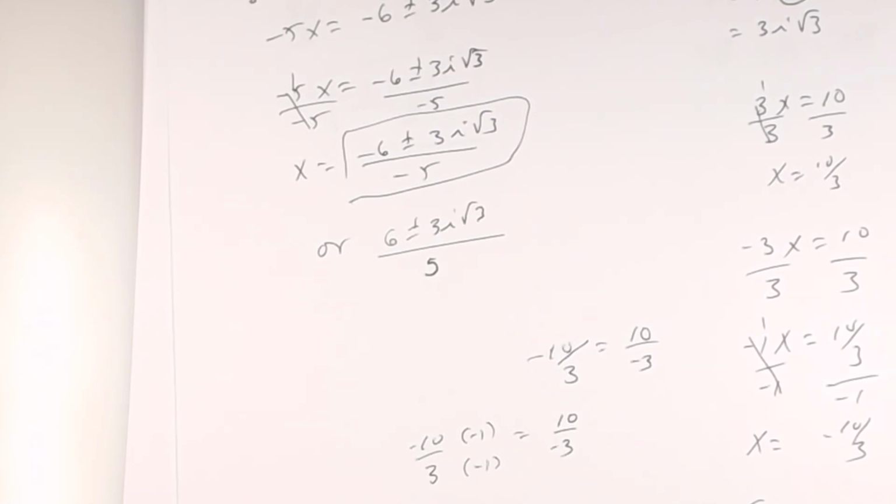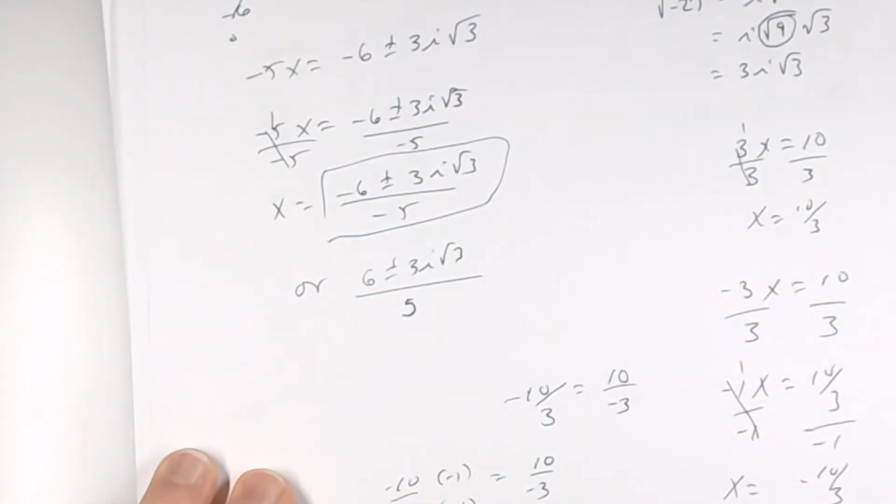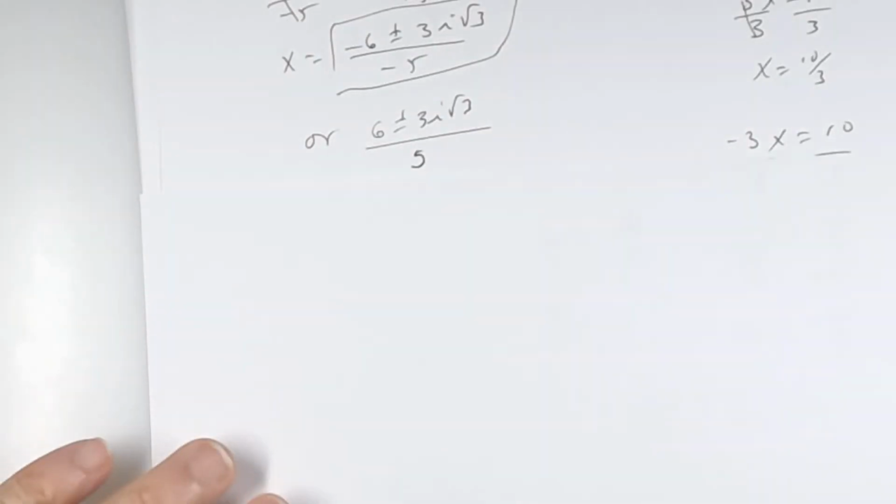Now, most of you probably didn't even see how I got to this point. But if you have it in a box, if you got to that box point, then you're good. And then finally, you're going to see one like this on your MyMathLab. I just want to remind you about this one.